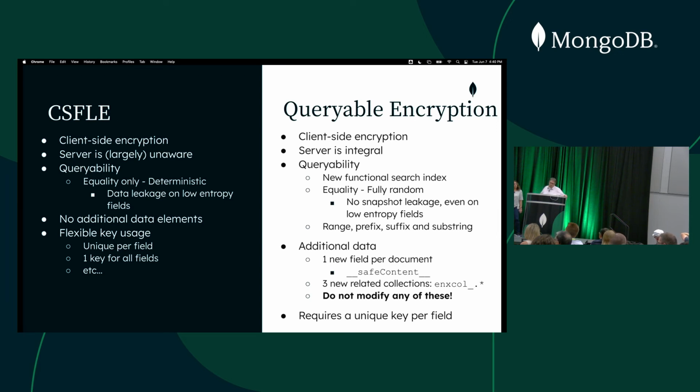With queryable encryption, it's a different security model. It's a really strong snapshot security model, with very limited leakage, even on low entropy fields. Things like state code, diagnostic code, gender, things that are low cardinality with very few values in larger systems, pose a challenge because developers would have to think about what the shape of their data is likely to be.